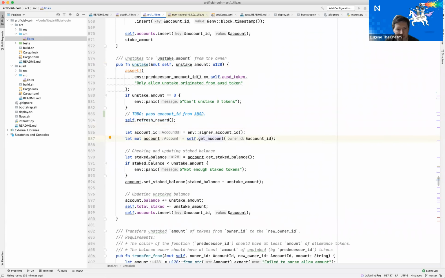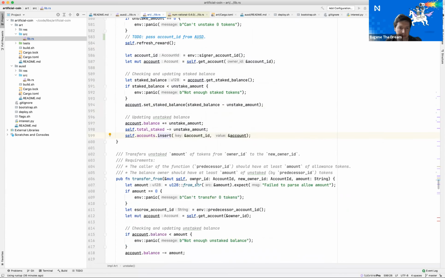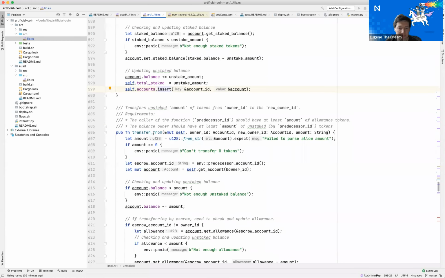Okay, so you get the account ID, staked balance. If it's less, then you cannot unstake, otherwise you unstake. Increase the balance, decrease the total staked. And save the account. Right, transfer from.